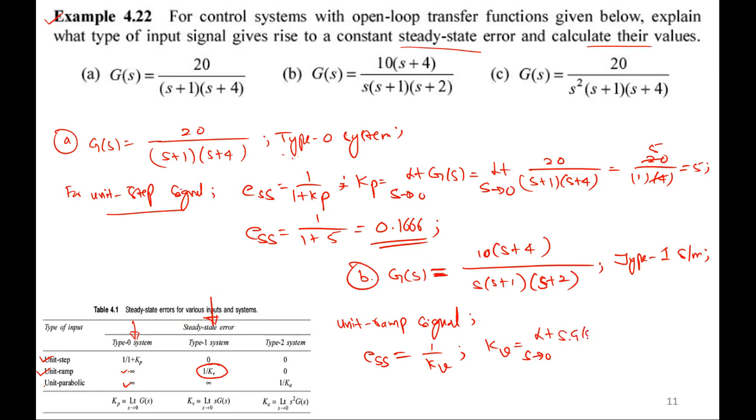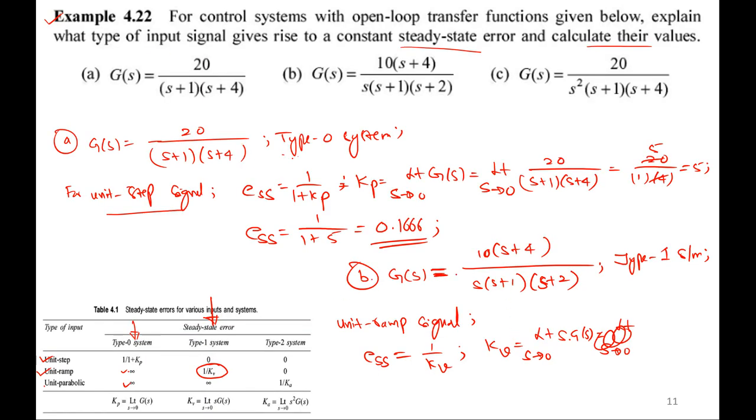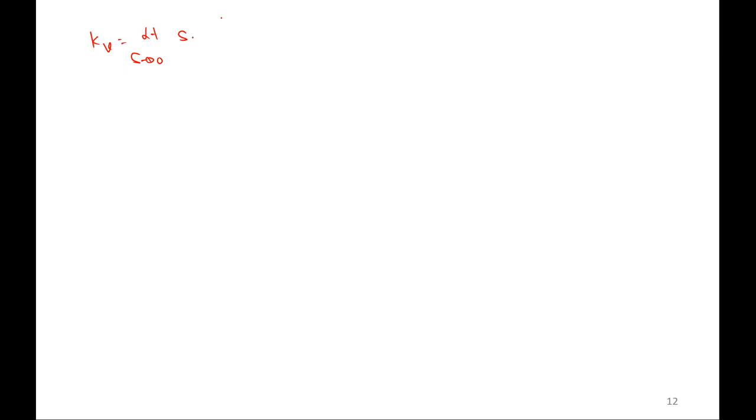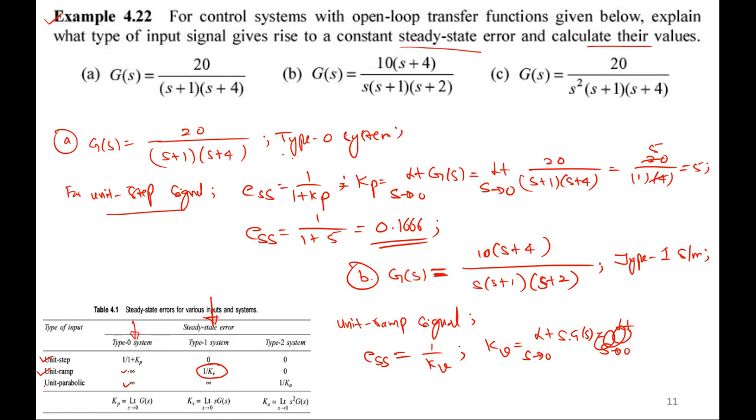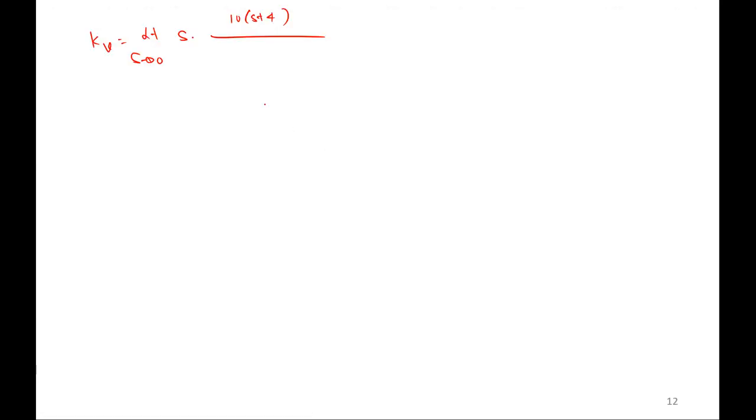Let me go to the next slide. What is this g of s? Here g of s is 10 into (s plus 4) divided by s into (s plus 1) into (s plus 2). This is g of s.